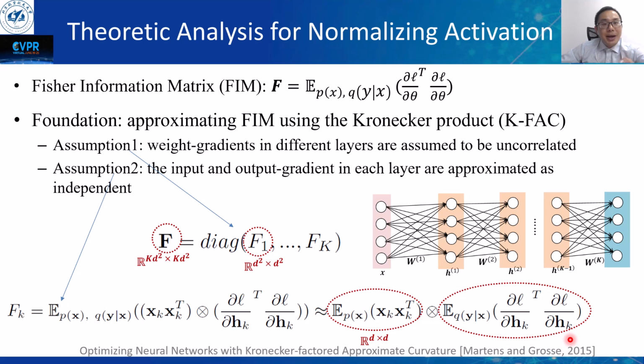We can see that each sub-Fisher information matrix is controlled by the covariance matrix of the layer input and the covariance matrix of the output gradients. Therefore, the optimization landscape can be approximately controlled by the covariance matrix of the input and the output gradient.